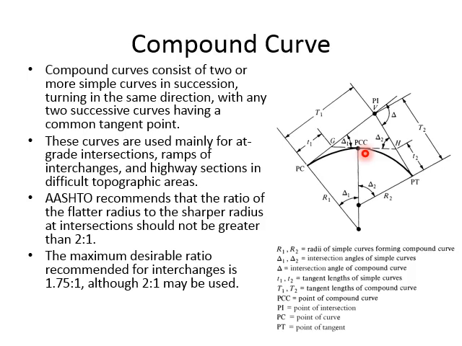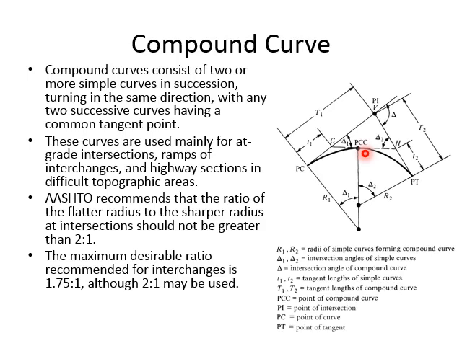So these curves are normally used at intersections or ramps, especially where the area is restricted. Curves need more area. So if you make a compound curve, you can limit your area. Compound curves usually require less space than a simple circular curve.